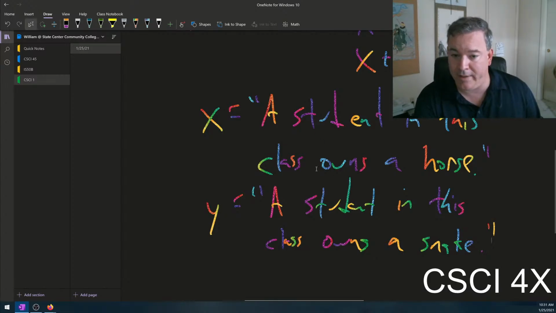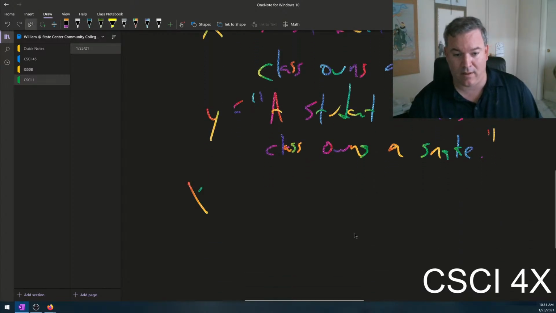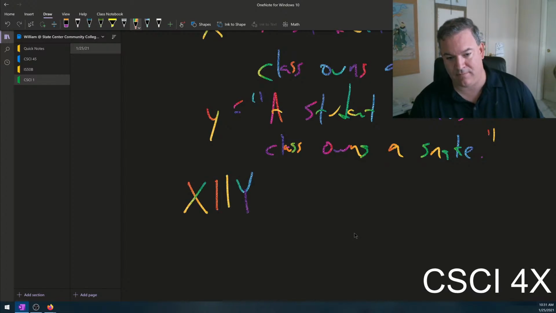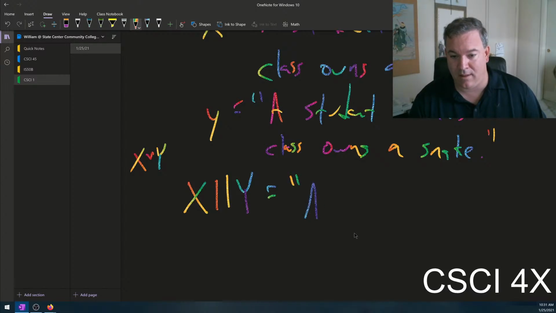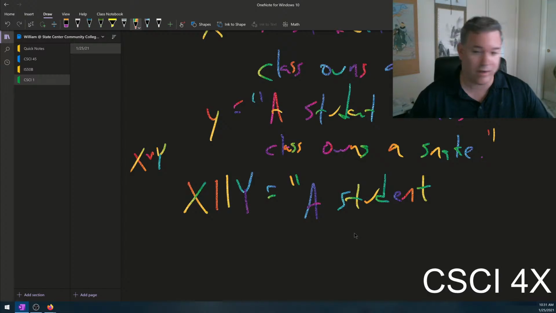Then x ORed with y, in English, x ORed with y. This is the computer science way of writing it. The textbook would say x ORed with y like this. Same thing, just different terminology. x ORed with y would be, in English, a student in this class what? Convert x ORed with y to English, please, for me on chat.